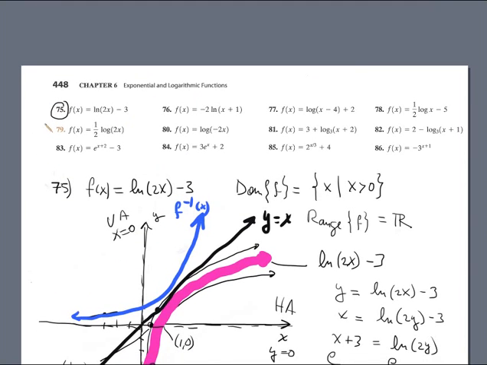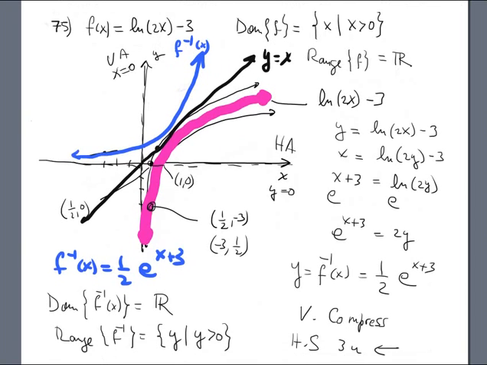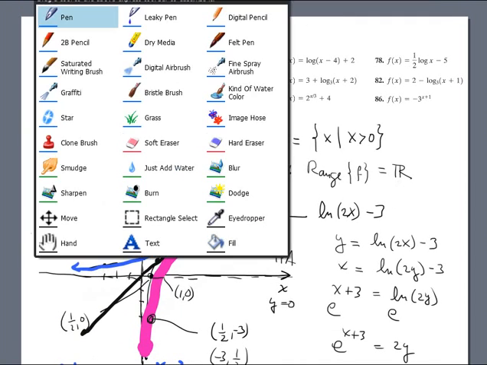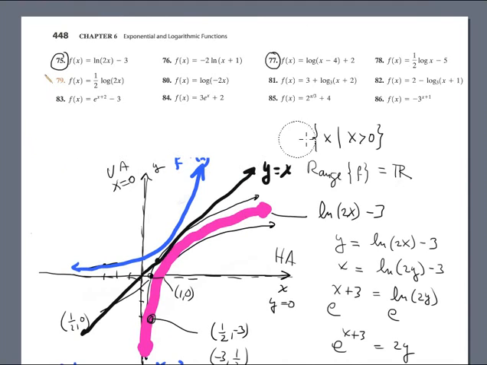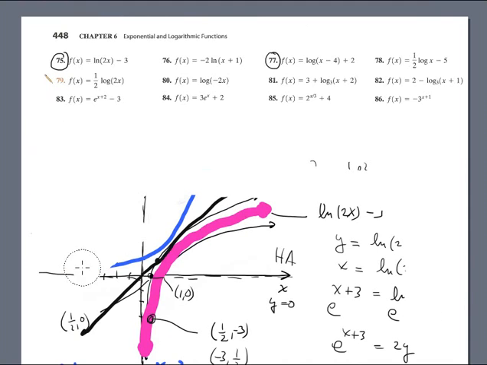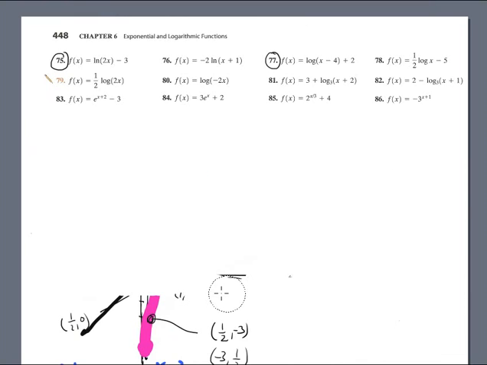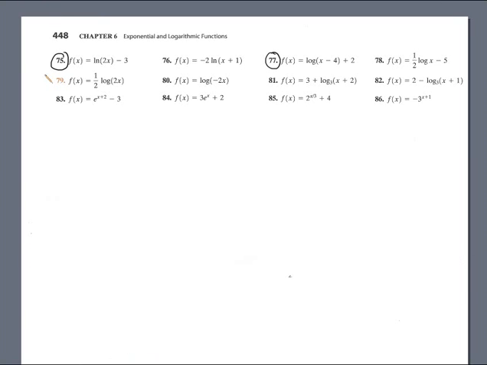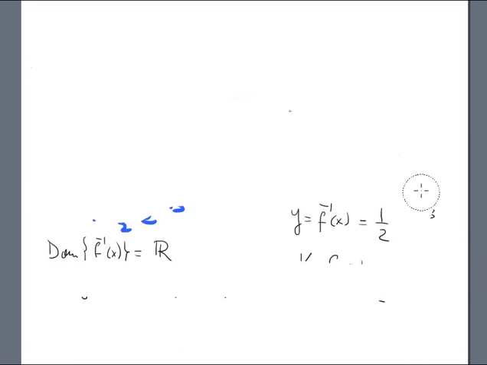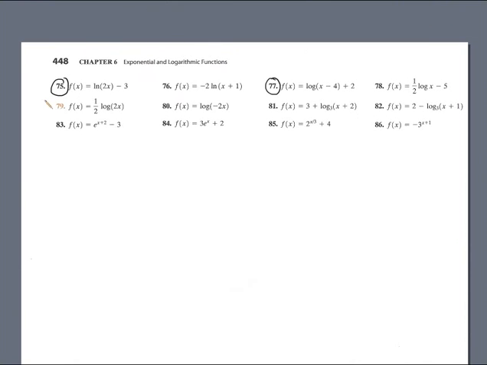Okay, now 77. Let me erase this part. Okay, 77 then.